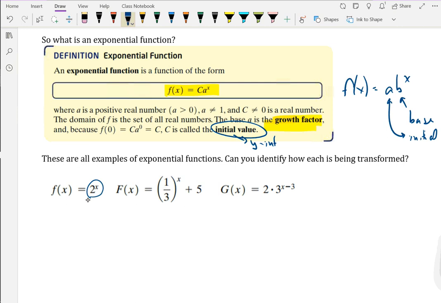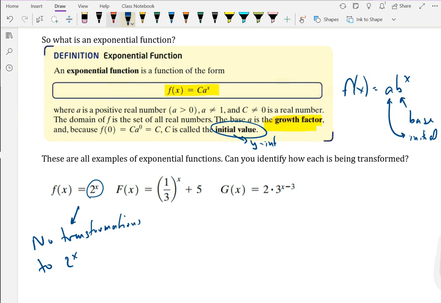So on this one, we'd have to ask ourselves, are we doing anything to x? No. Are we doing anything to y? Are we doing anything to the 2 to the x? No, we're not. So this is basically a parent function, and so there are no transformations taking place here. There are no transformations to 2 to the x. It's just 2 to the x.